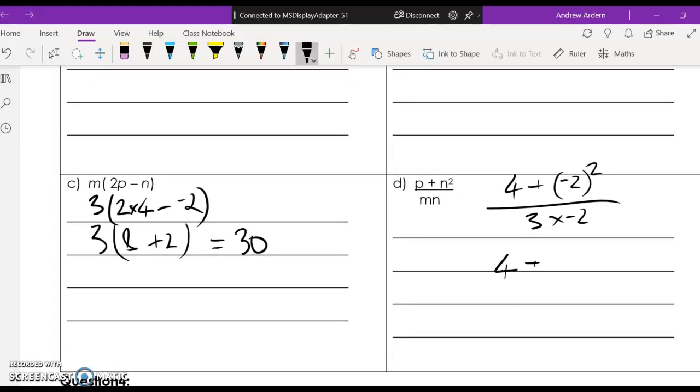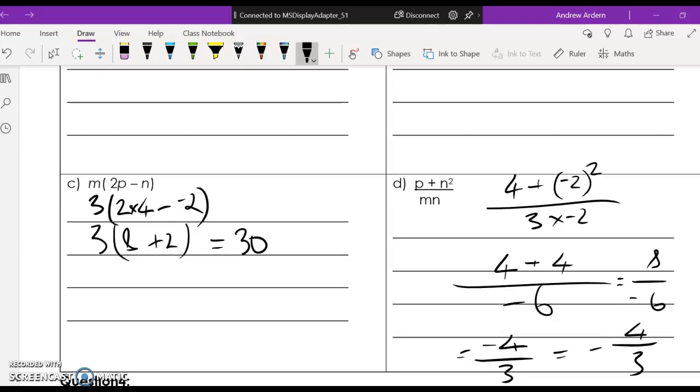Do the top line first. 8 over minus 6, which can simplify down to 4 over 3. It's a minus. Notice that the minus can go with the 4 or with the 3. The convention is actually to put it with the 4. Or you could put it out the front like that, 4 over 3.